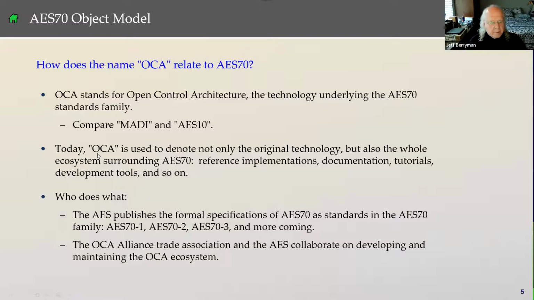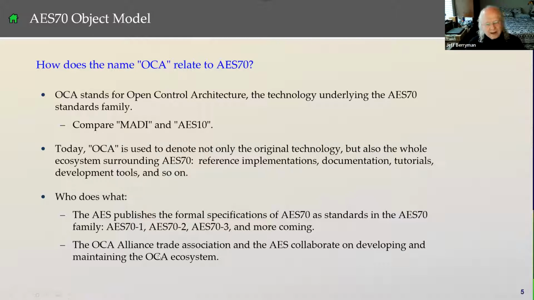Today, the word OCA has been expanded a little bit to denote not only the original technology, but the whole ecosystem surrounding AES70. There's reference implementation, documentation, tutorials, development, all kinds of stuff that is associated with AES70. Who does what? The AES publishes the formal specifications of AES70 as standards in the family, AES70-1, -2, and -3, and more coming, as I will describe in the family later on.